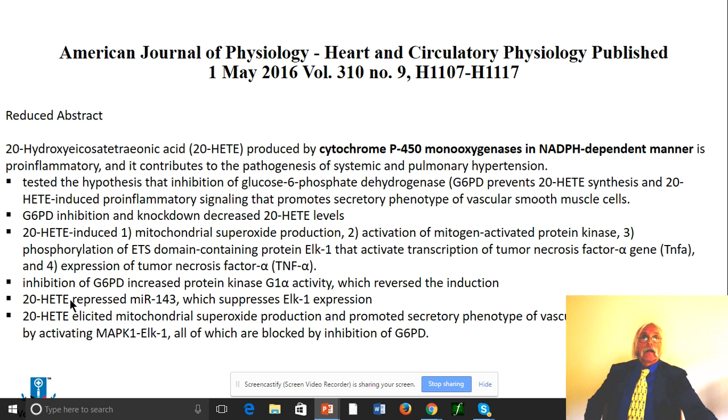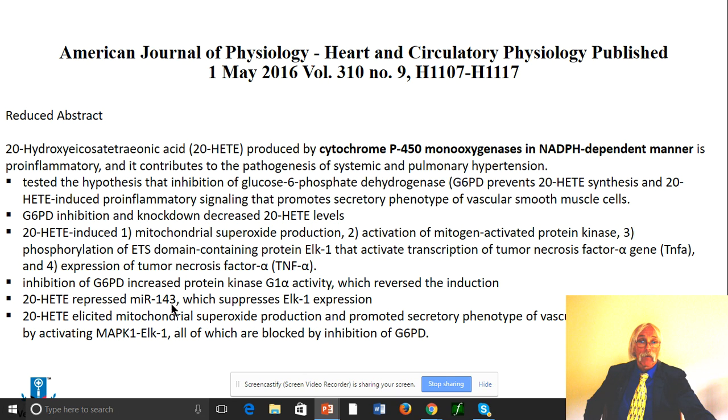So, inhibition of the oxidative pentose phosphate shunt enzyme, glucose 6-phosphate dehydrogenase, increased protein kinase G1 alpha, which reversed the whole induction process. Everything went the other way, okay? As I said, 20-HETE repressed miR-143, right?